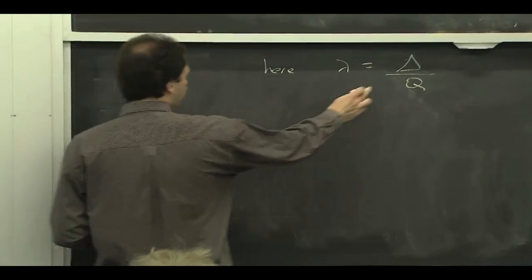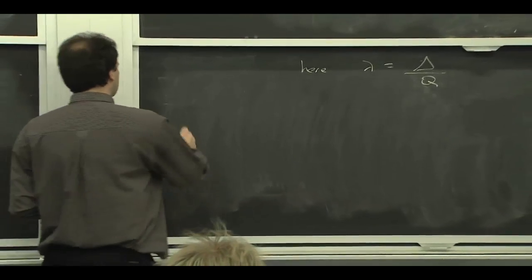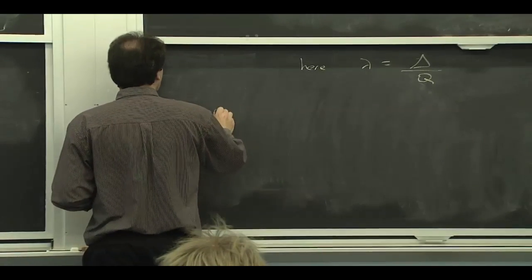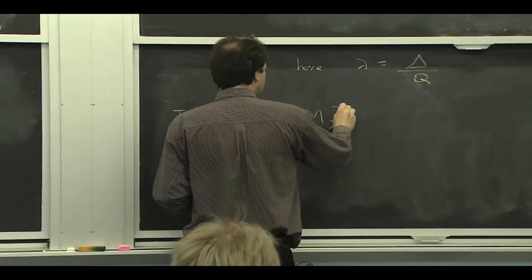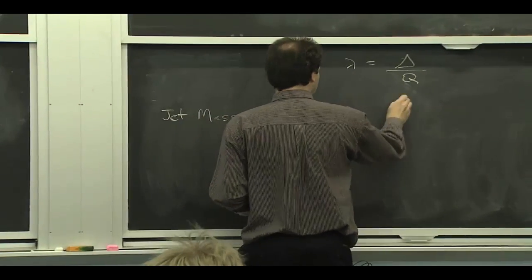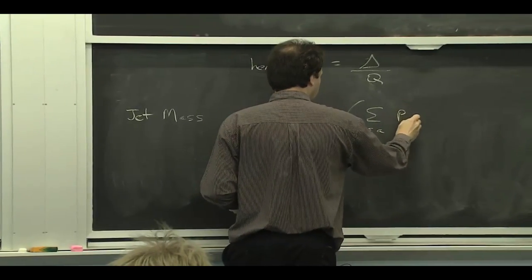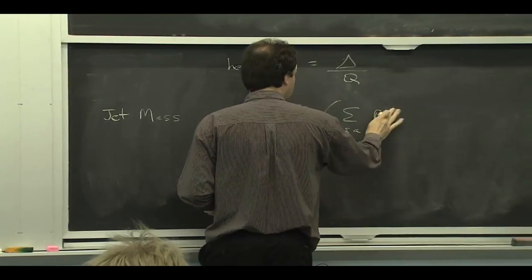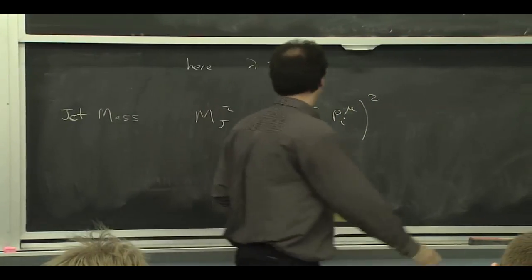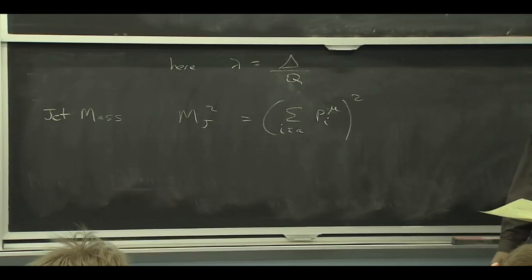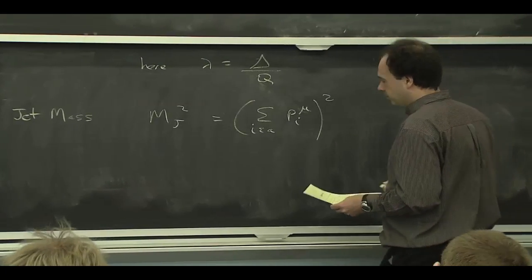Another way of thinking about physically what this delta is is to calculate something called the jet mass. So you could define the mass of the jet as the sum of the 4-vectors in hemisphere A of all the particles, squared. And if you ask about how big that is, in these coordinates that we're using, it's p plus times p minus, minus p perp squared.